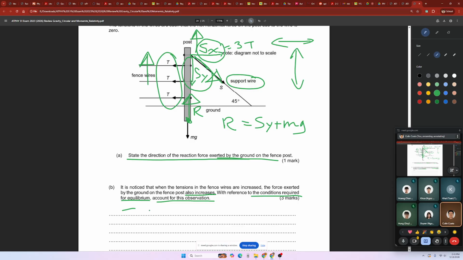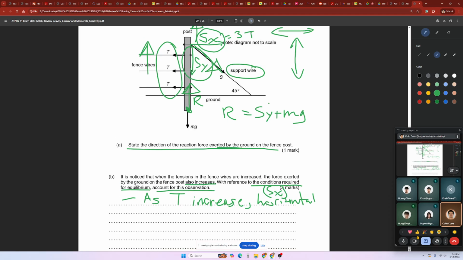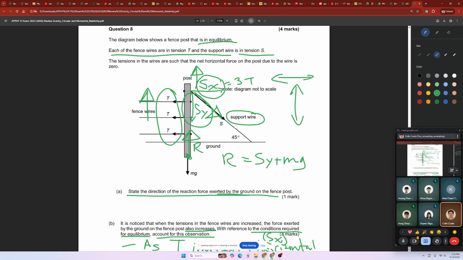So let's write: as tension increases, horizontal. Remember, I can write this, but I can't just write that because the person who's going to be marking this might not quite understand what that means, unless you draw on your diagram like this.